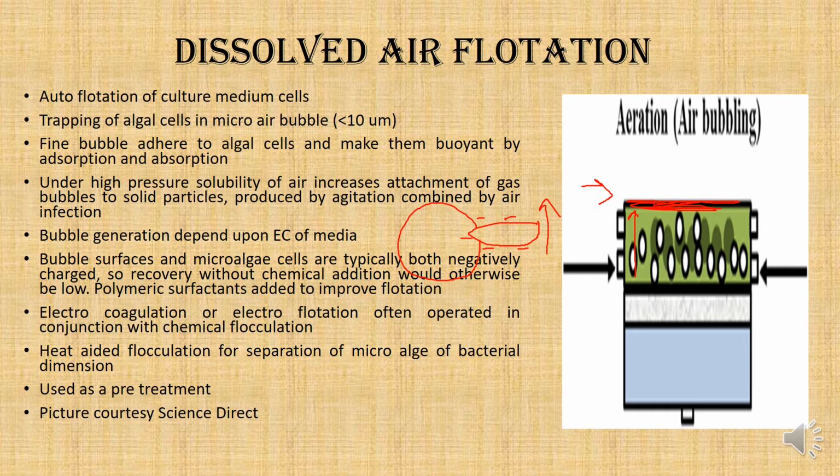This can be done by just the addition of bubbles, or by additionally using flocculants, chemical or biological. While introducing the bubbles, the flocculant is also introduced, and a little bit of agitation is done by the bubbles, so the flocculant mixes well, and the bubbles also attach to the flocs that are formed due to the addition of flocculants.